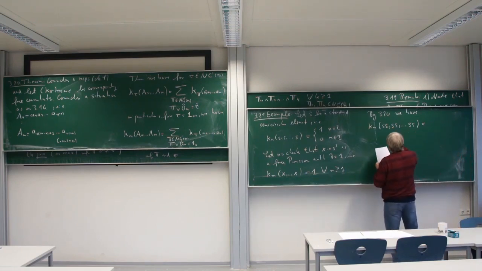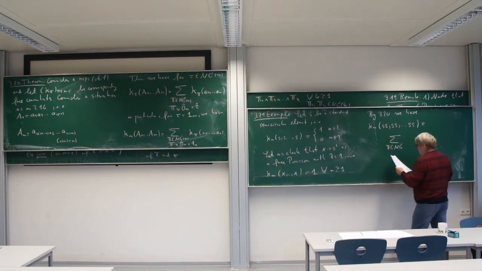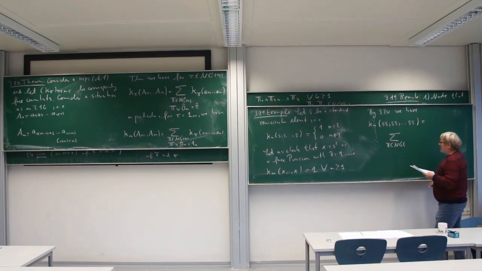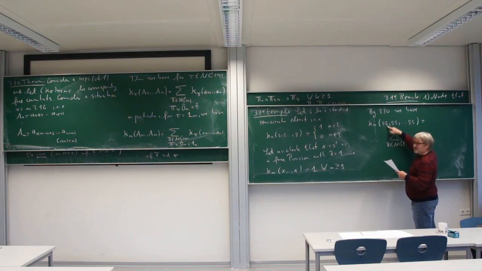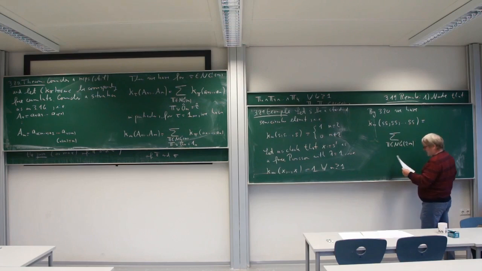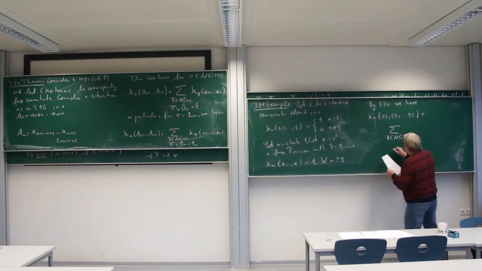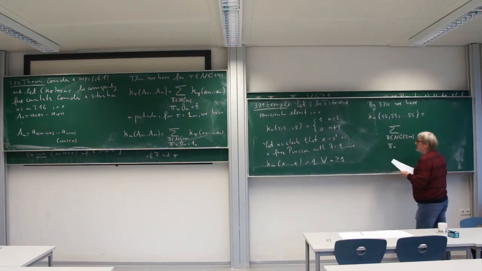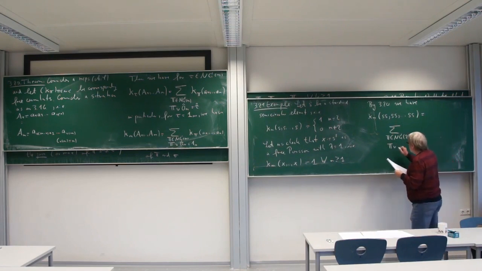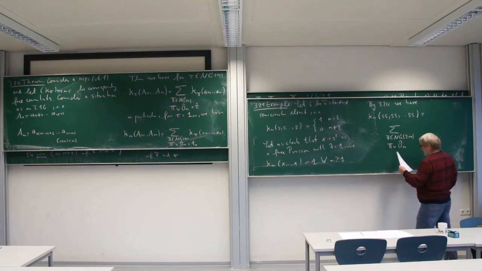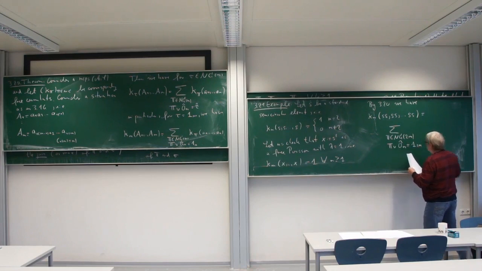So I have to sum over non-crossing partitions, and how many elements do I have here? I have n arguments here, but each of them is the product of 2, so I have 2n elements, and the condition is that the join of pi and 0 n hat has to be 1 in these 2n elements. So this one.